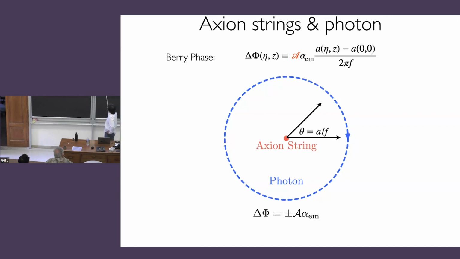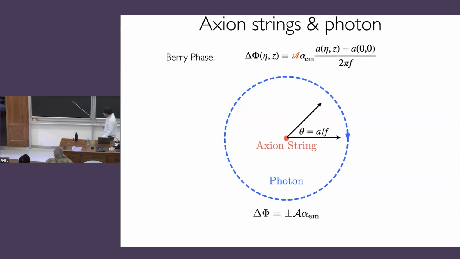By the time you get back to the point it started at, the polarization has rotated by 2π f_a over 2π f_a times A alpha. So this is just plus or minus A alpha, where the sign depends on which orientation the photon is going. This effect is a topological effect, and this phase is a Berry phase.